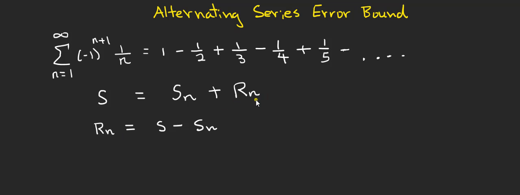So we have R of n equals the actual sum minus S of n. And the absolute value of R of n is equal to the absolute value of the actual sum minus S of n. And we call this absolute value of R of n an error.